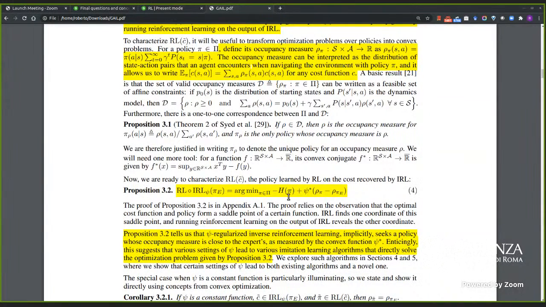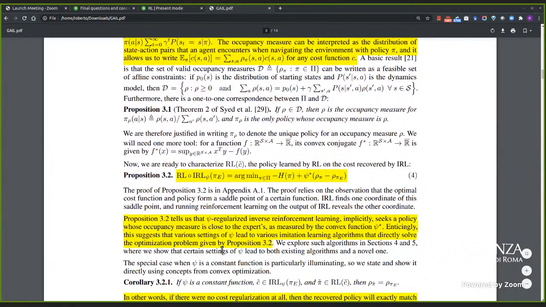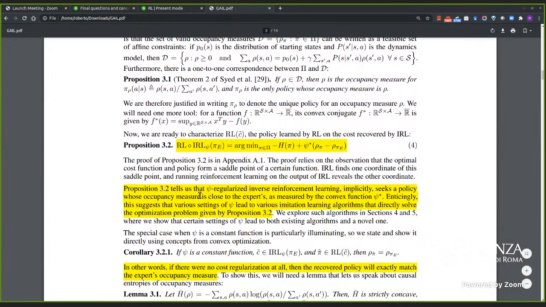Okay, so again, here there are all the proofs in the appendix. So let's read what they say here. Proposition 3.2 is telling us that the psi-regularized inverse reinforcement learning implicitly seeks a policy whose occupancy measure is close to the expert's, as measured by the convex function psi star. And this suggests that various settings of psi lead to various imitation learning algorithms that directly solve the optimization problem.